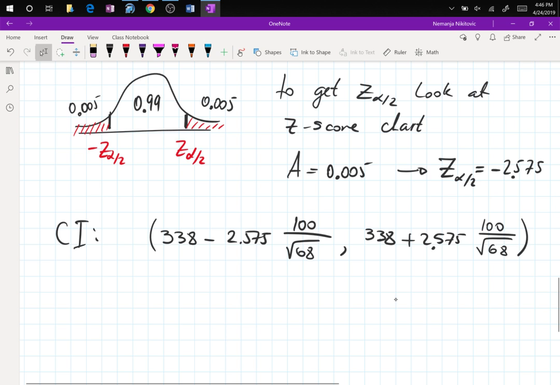Clear everything. 338 minus 2.575 when you multiply by 100 divided by the square root of 68. Much better. So now the confidence interval is 306.77, and we do second entry here, and just change a minus into a plus. 369.23.